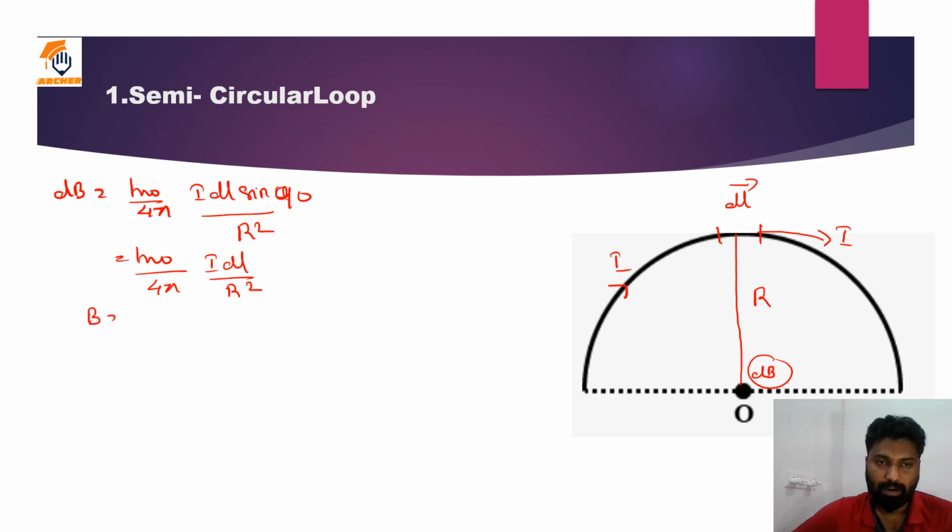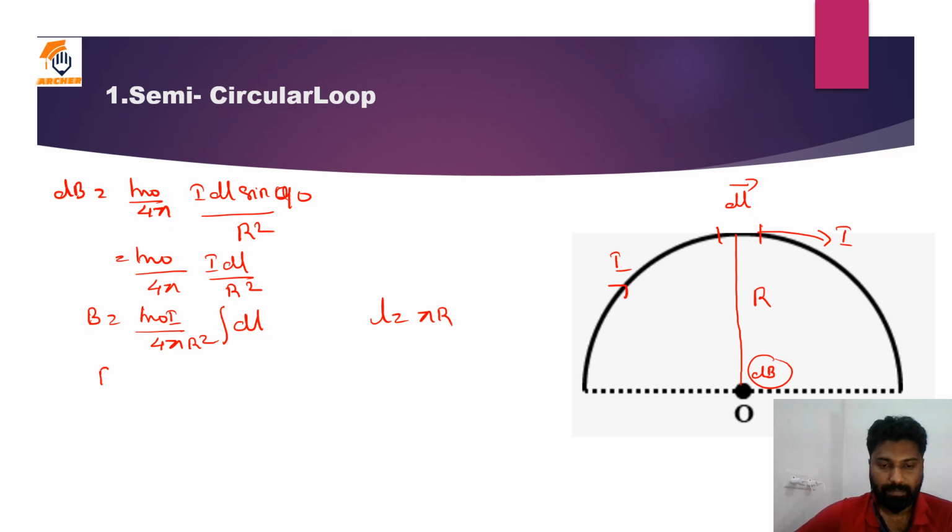What is B here? Total magnetic field there is mu 0 I by 4 pi r square integral dl. Here what is integral dl? Here it will be L is equal to pi r.